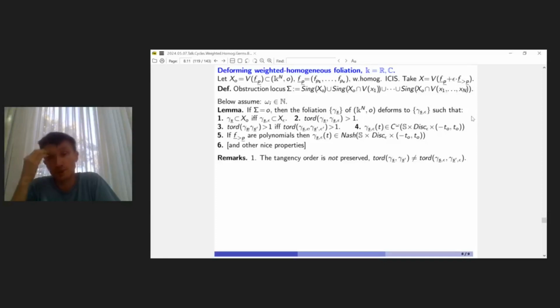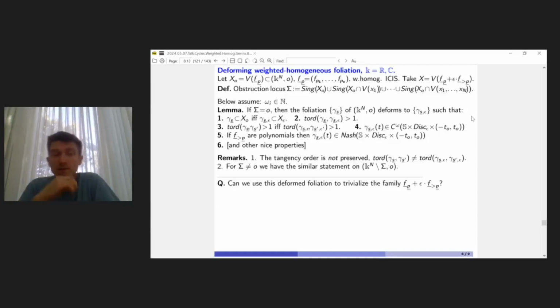And in general, such perturbation is not bi-Lipschitz trivial. Very often we have the abstraction locus essential, not just a point. Then there is a weaker version of this lemma. We work outside of the abstraction locus. Of course, we cannot touch it. It's the abstraction locus.